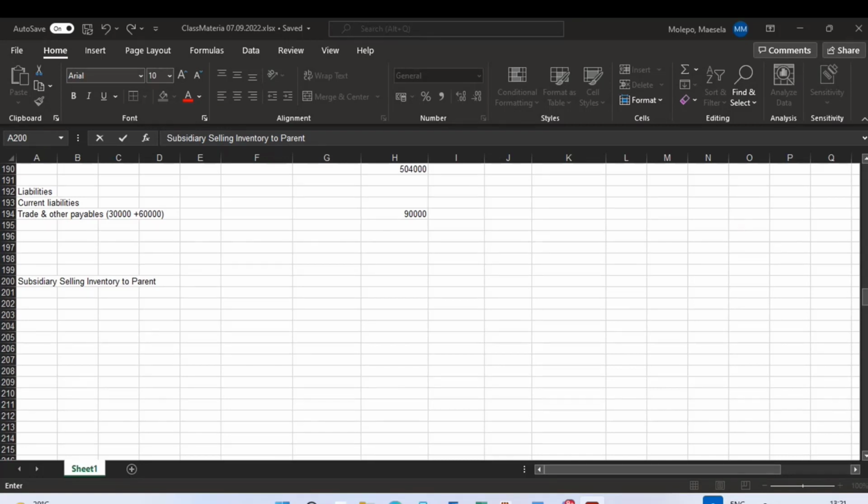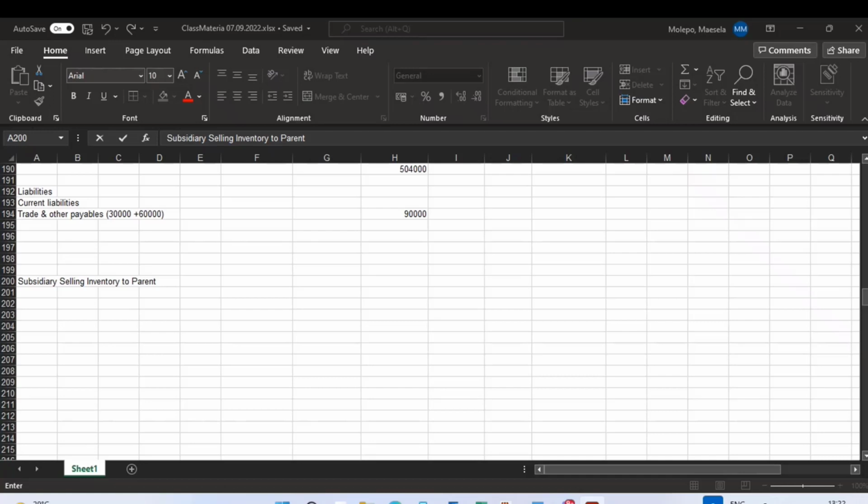In the additional information, when these sales took place, A Limited credited the sales it sold these goods to B Limited, and B Limited debits the inventory with the purchase. We assume B Limited sold the inventory, therefore we had already affected the cost of sales. To eliminate the intragroup, we debit A Limited with 100,000, thus subtracting the amount of sales, and we credit the cost of sales of B Limited, thus decreasing the cost of sales. Then A Limited sells inventory to B Limited at a profit of 25%.